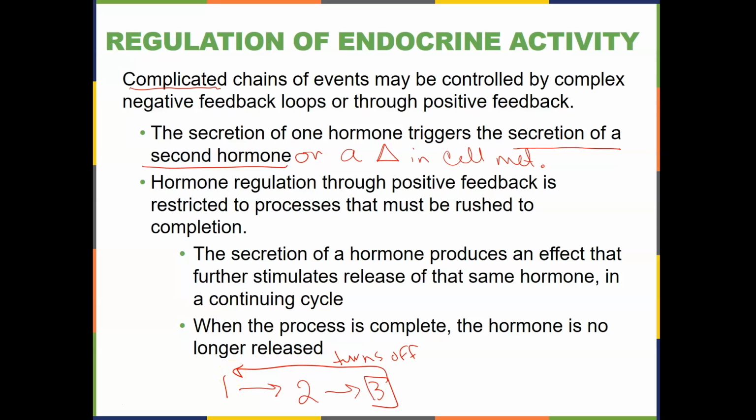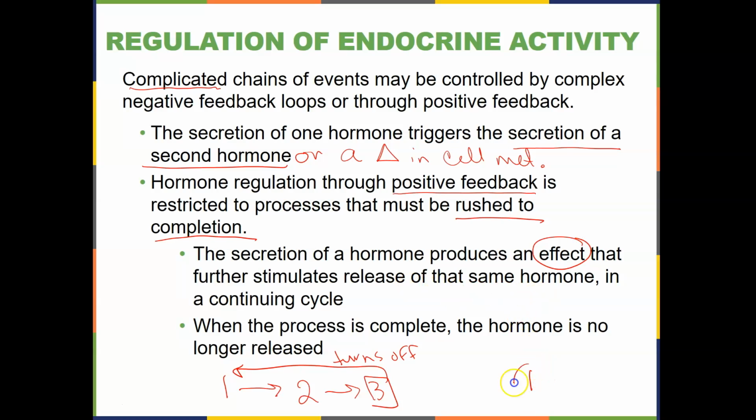When we start talking about another process called positive feedback, this is a little bit different, because positive feedback increases the rate of a process, okay? It rushes the process to completion. So in this case, you'll have the secretion of a hormone that produces an effect that stimulates the release of the same hormone.